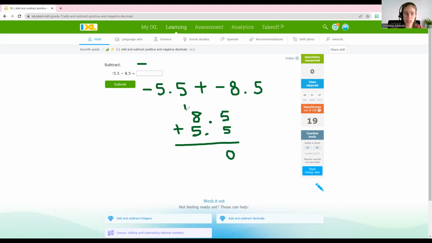Remember, when that happens, we carry our 1. And now we have 8 plus 1, which is 9, plus 5, which is 14. And don't forget that it would be a negative. We technically could enter our answer like this, but remember when we have trailing zeros, that would be equivalent. That would also be equal to just negative 14.